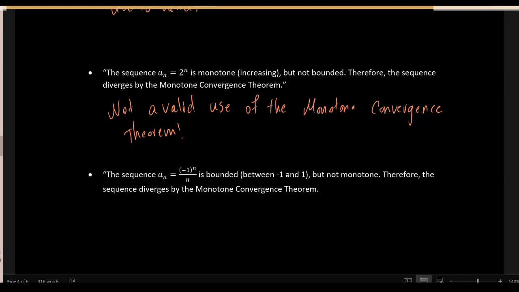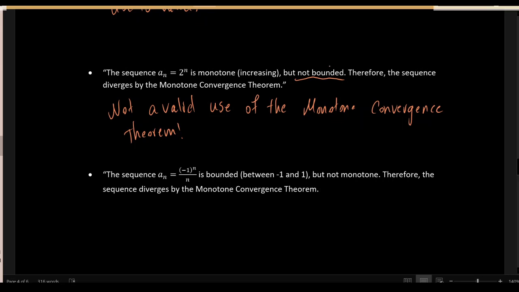This student says the sequence is monotone, but the sequence is not bounded. Because the sequence isn't bounded, the hypothesis of the monotone convergence theorem is not completely satisfied. The hypothesis is that the sequence must be both monotone and bounded.